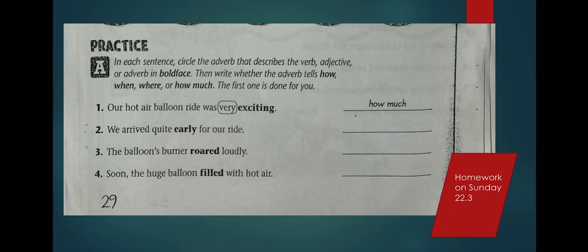This is what you're going to do in these sentences. You're going to circle the adverb, and you have the bold word, which can be a verb, an adjective, or an adverb, and tell me whether the adverb tells you how, when, where, or how much.